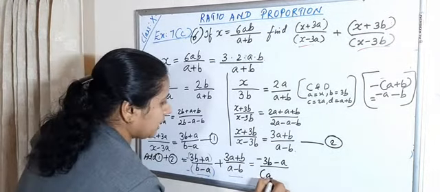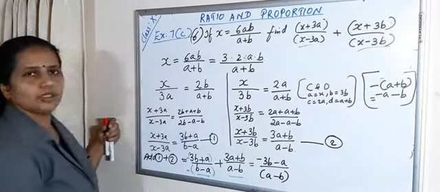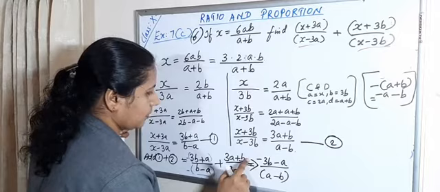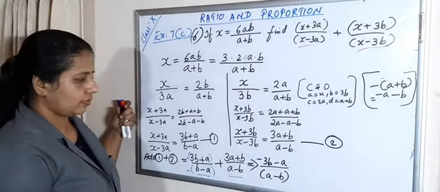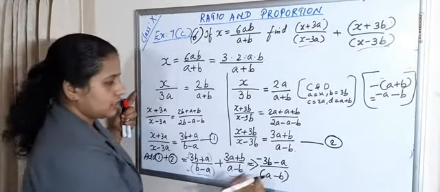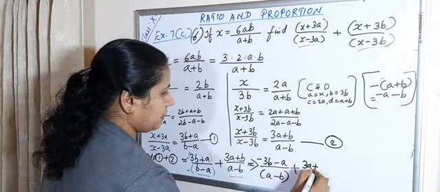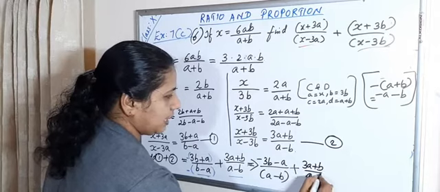So, you will get a minus b. Okay? That is this plus, next one is (3a + b)/(a − b).